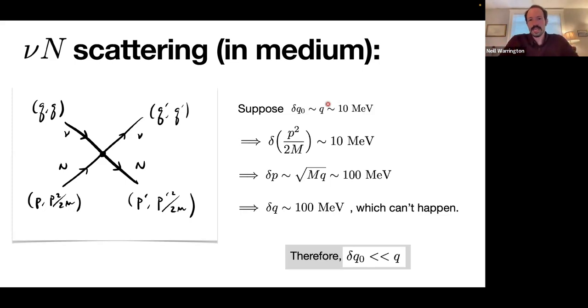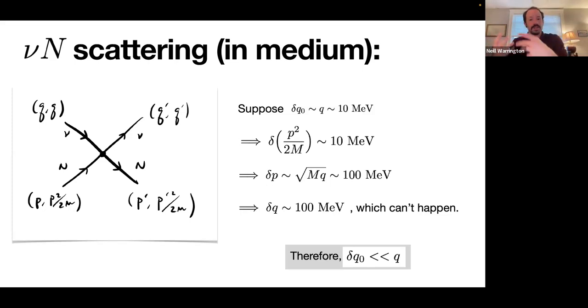If the neutrino gives up 10 MeV of energy to the nucleon, that means the change in the energy of the nucleon is 10 MeV. No surprise. You can then deduce that if the energy of the nucleon changes by 10 MeV, then its momentum must change by an amount of 100 MeV. This just comes from solving this thing for P. So in order for the nucleon's energy to change by 10 MeV, its momentum must change by a lot more.